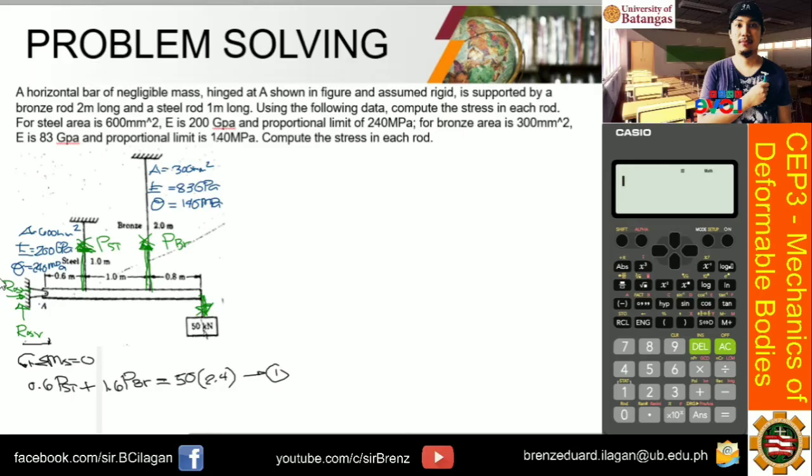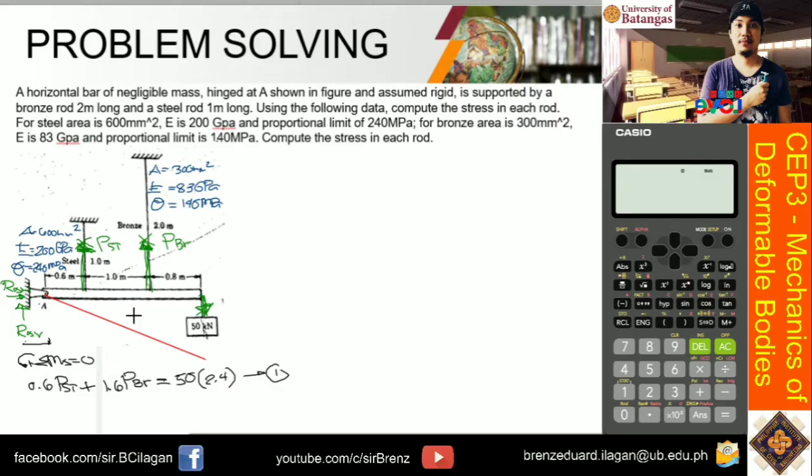So again, yung system, i-assume natin o sasabihin natin na magkakaroon siya ng deformation based on the applied load na 50 kN. So if that is the case, mangyayari dito sa ating steel rod magiging ganito. So because of this 50 kN, ang mangyayari dito, i-exaggerate mo yung drawing.